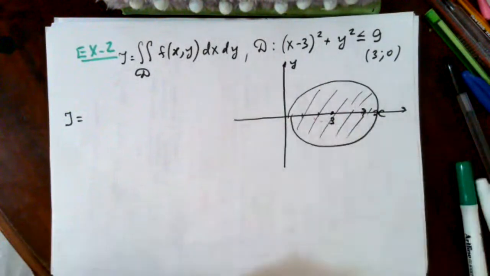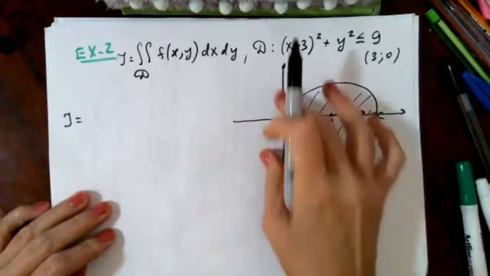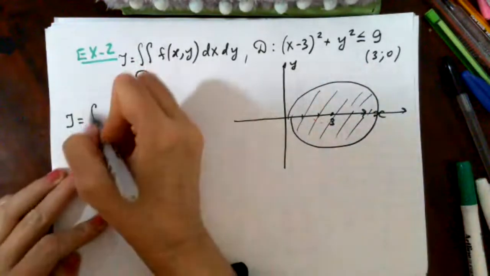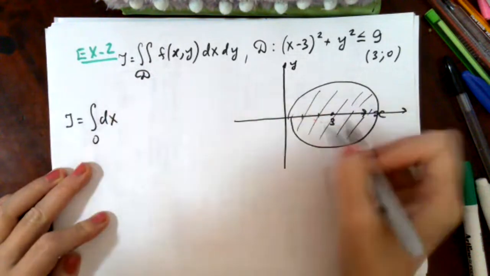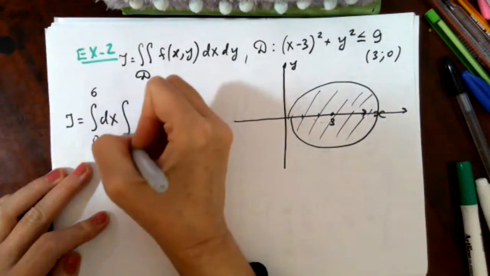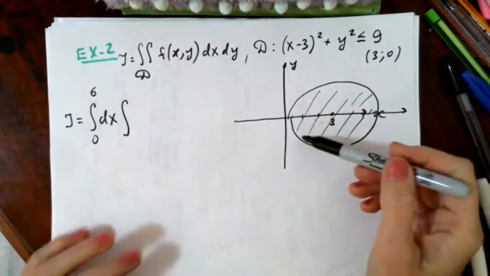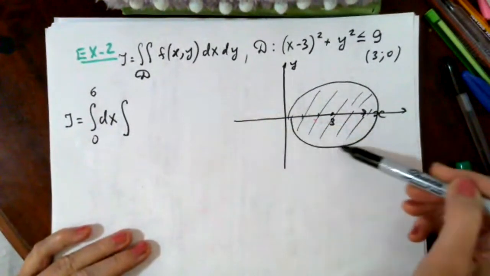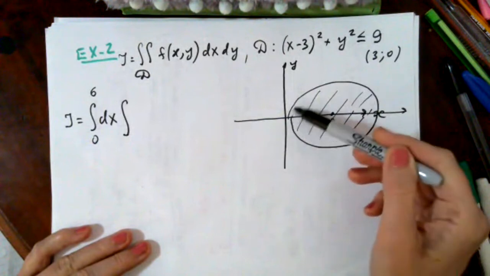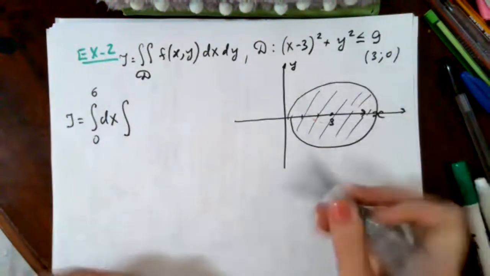Here, I'm not going to sketch any colors because I'm reserving them for the second method. So we start with dx. dx goes from 0 to 6, pretty obviously. Then we need to write our integral from the bottom half of the circle to the upper part of the circle.